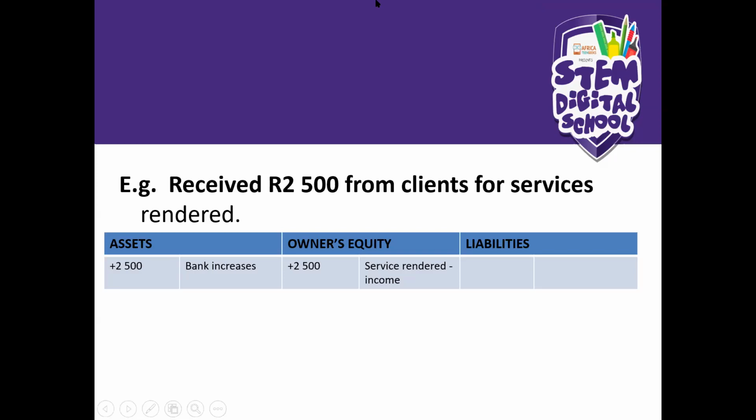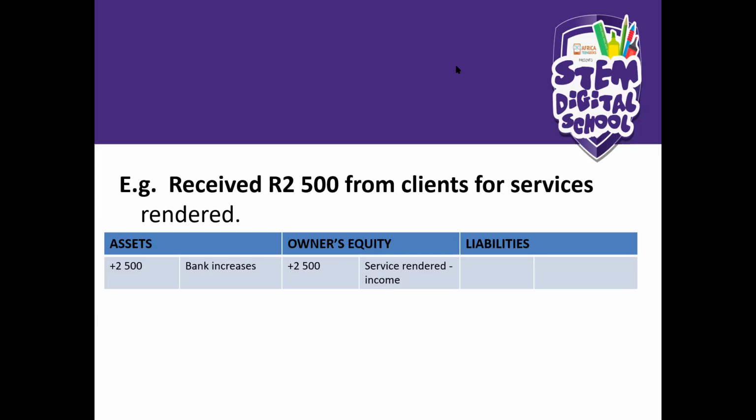Can you hear, guys? Every time I'm starting with bank. Right, so what's happening with your bank account? You receive money, so bank is going to increase. Okay, so it's a plus. We already said bank is an asset. So with assets, it's going to be plus 2,500 Rand. Why? Because your bank is increasing.